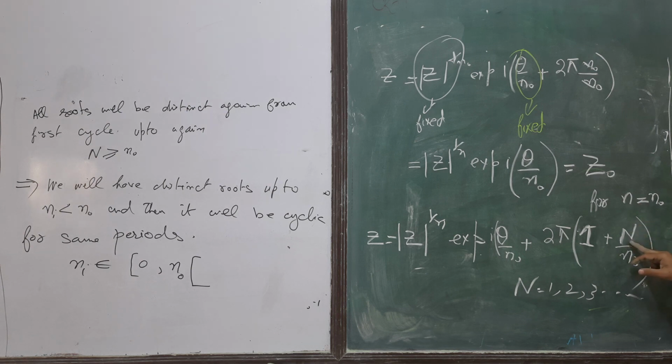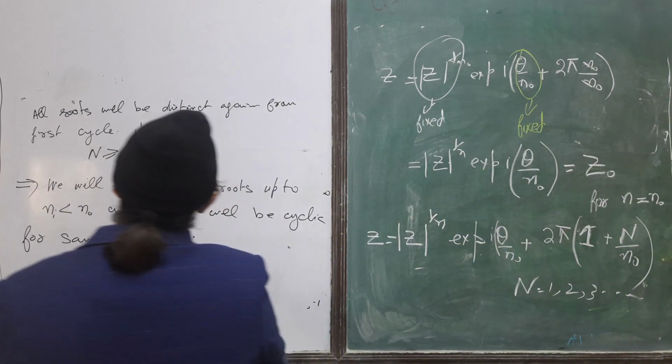Natural one. Ni is not 1 and not equal to n naught. That will be cancelled. That will become a 1. This becomes a 2 pi, and the others are increasing. Here it was 0 plus 0, then 1, 2, 3, 4, and it keeps increasing.